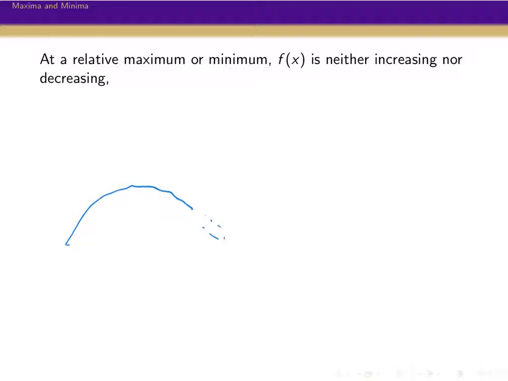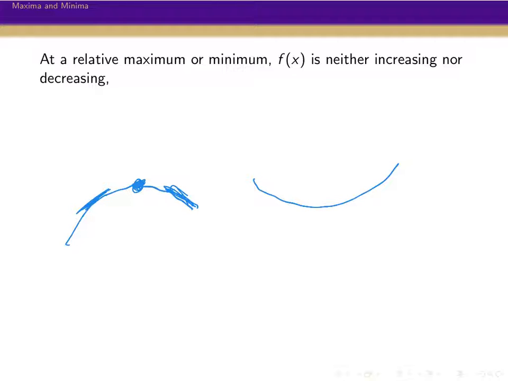Let's get rid of that. Okay. So our maximum would be right there, say. Well, if you look, it's increasing to the left, decreasing to the right, but right here in the middle, it's neither increasing nor decreasing. In fact, it's switching from one to the other.